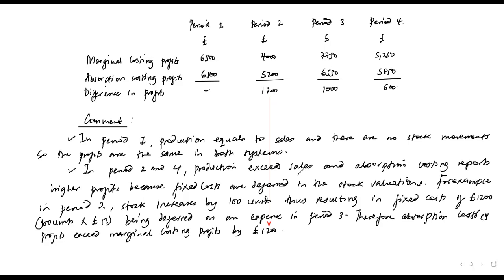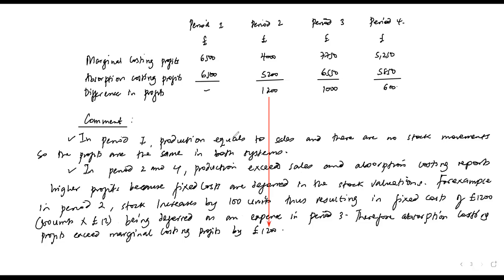Under absorption costing, we use full cost, and under marginal costing, we use marginal cost per unit. So the difference in profits in period 2 is simply because of the differences in the valuation of the closing inventory. Because we have 100 units as our closing inventory, when we value these at 12 pounds per unit, of course we get that 1,200.